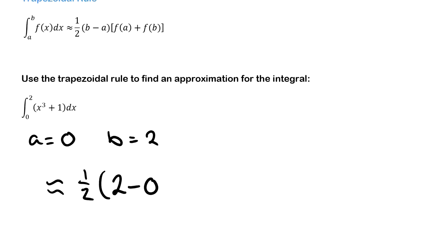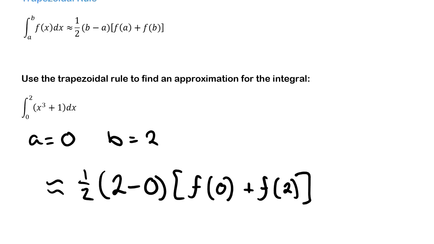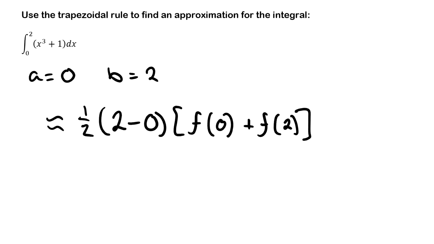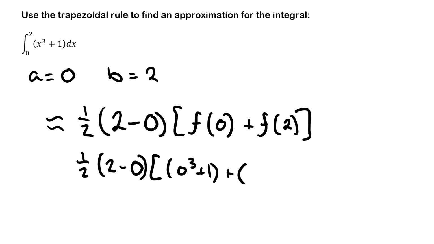So 2 minus 0. Then we have the function when it's 0 plus the function when it's 2. So what we get here is 0 to the power of 3 plus 1 plus 2 to the power of 3 plus 1.